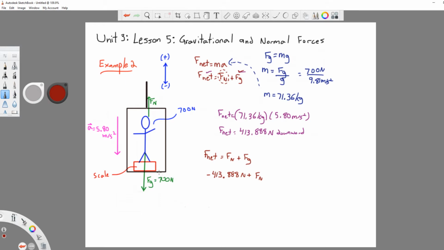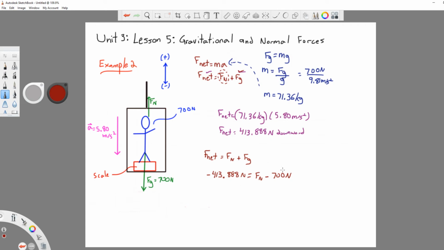Right? 700 newtons downward, because gravity is downward, and downward is our negative direction. So really we're going to be subtracting 700 newtons. Just a writing mistake with the plus I put here. Okay, this equals that plus that.